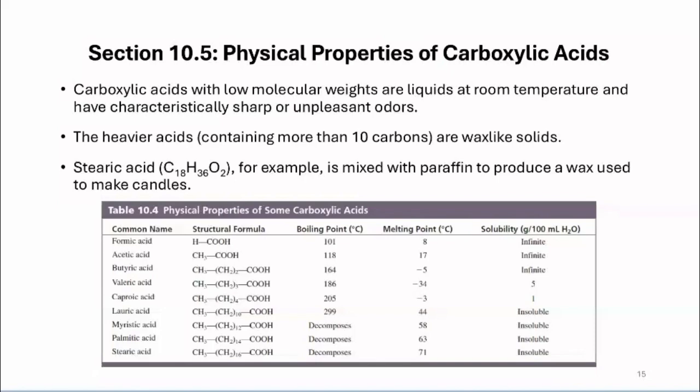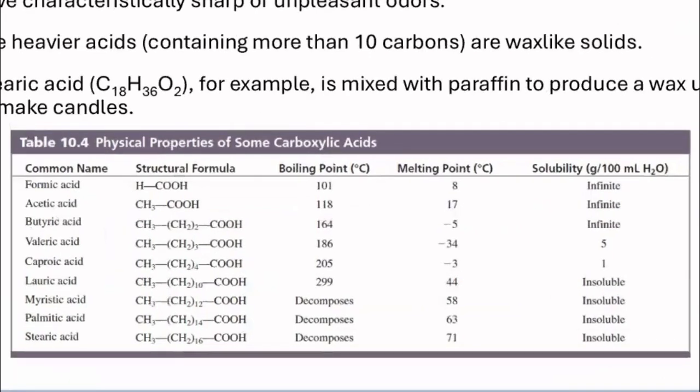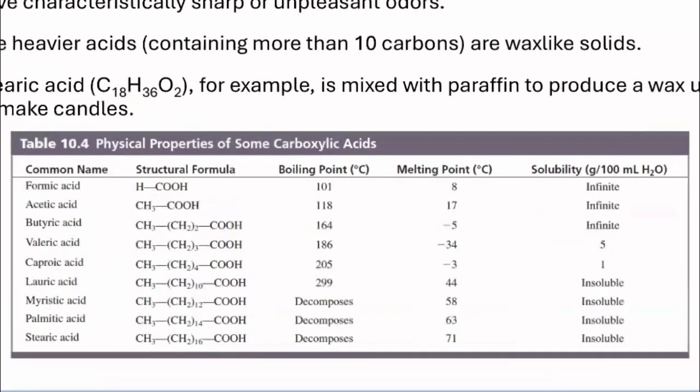We can observe that in table 10.4, I'm going to zoom in. We have formic acid, which is a carboxylic acid of one carbon, acetic acid, of two carbons, butyric acid, which has four carbons, valeric acid, which has five carbons, and so on and so forth.